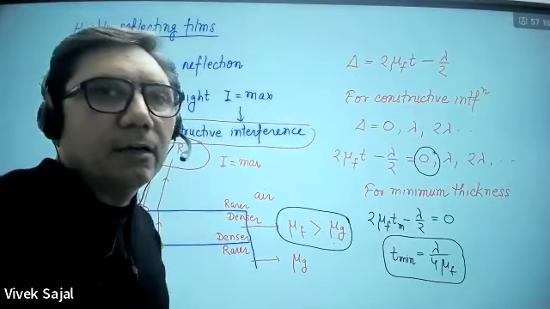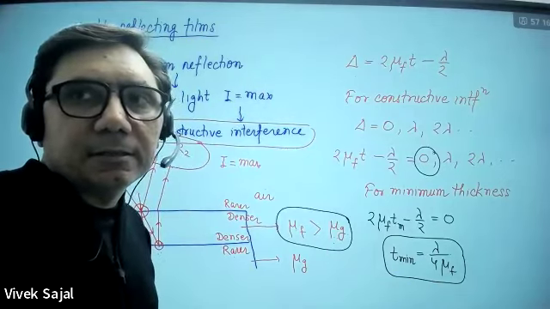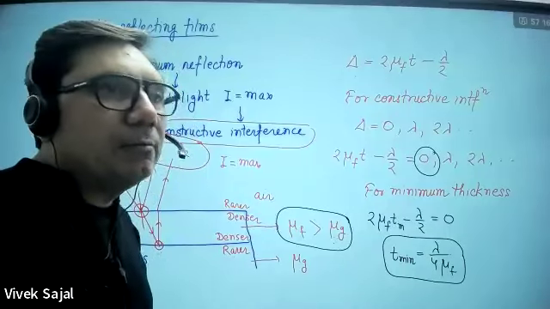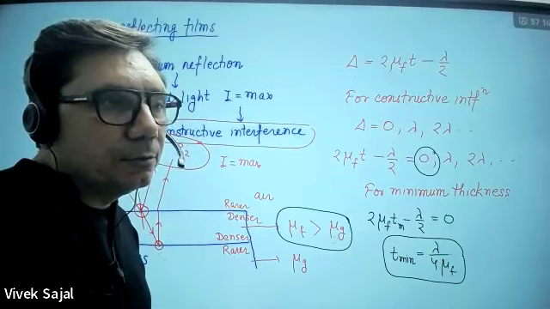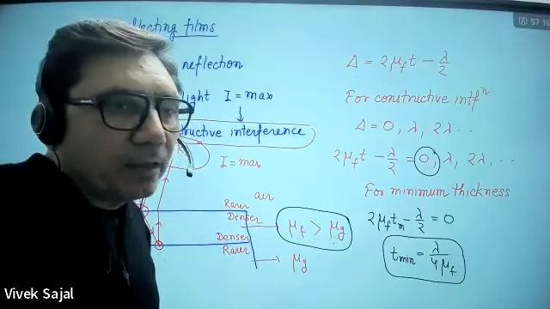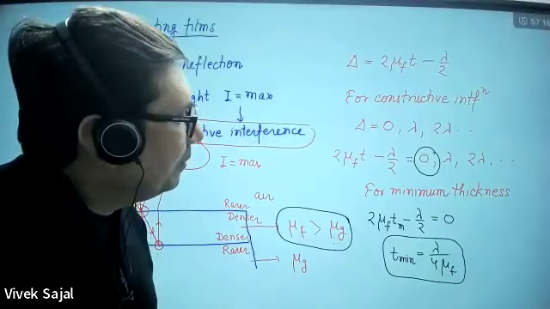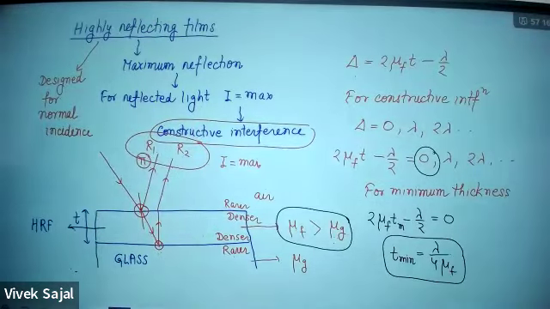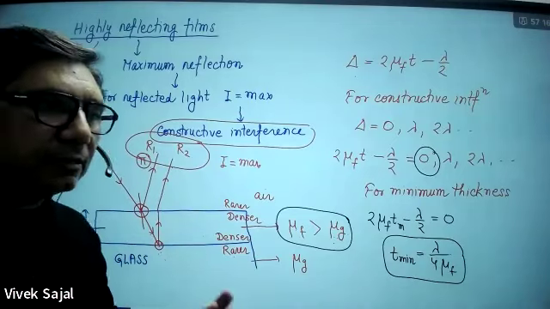So you can write here, for best possible result, mu f and mu g should be close to each other. Okay? So this is everything about this thin film interference which they can ask in your exam.